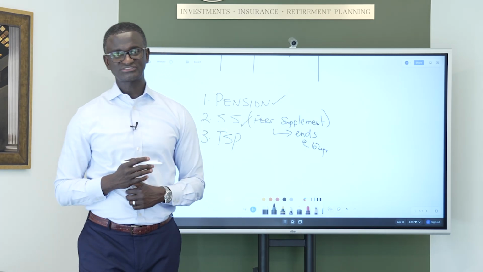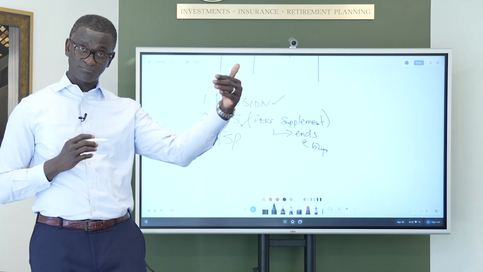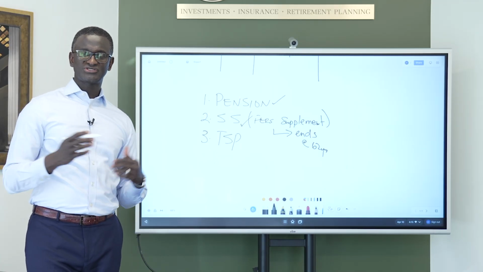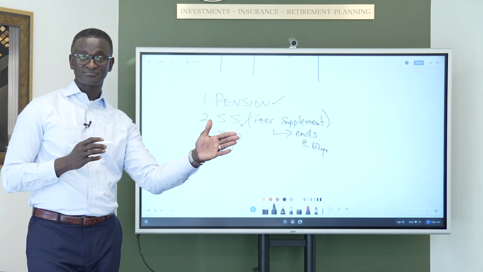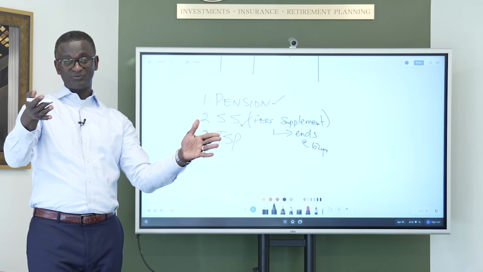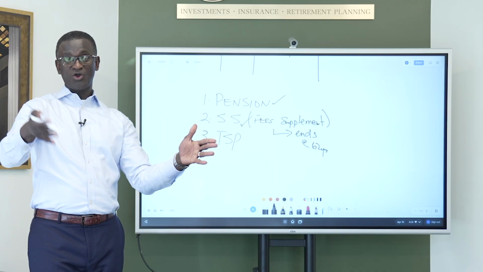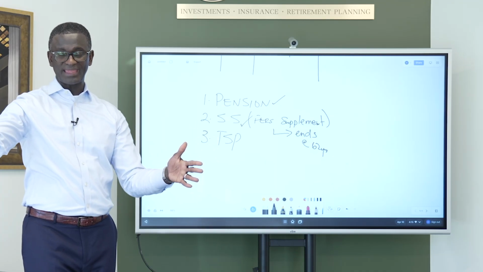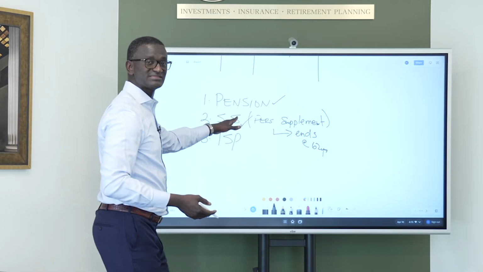Most states don't tax Social Security, but from a federal point of view, you pay tax on Social Security. Up to 50% of the benefits could be taxed, or up to 85% of your benefits, depending on how much money you make. So Social Security also is going to be taxed.